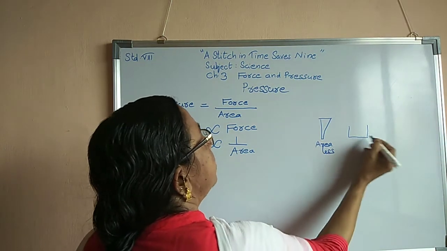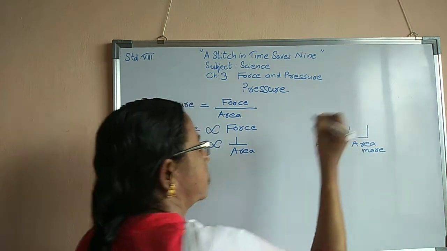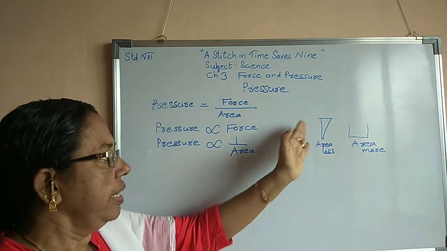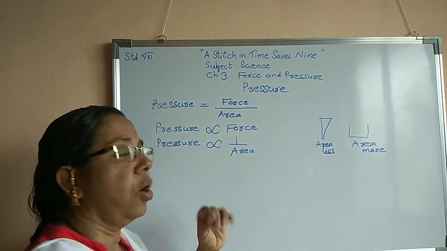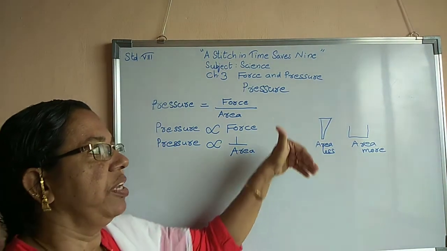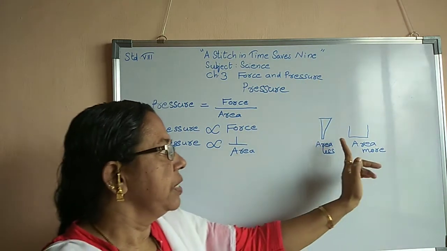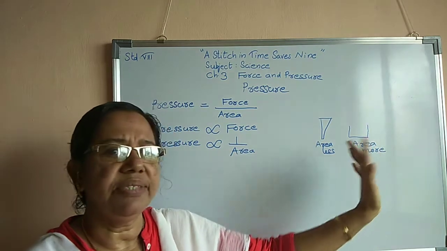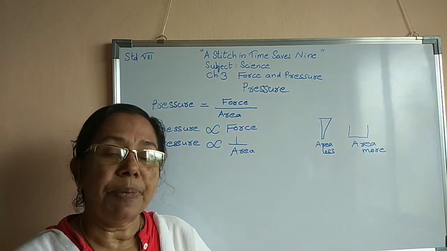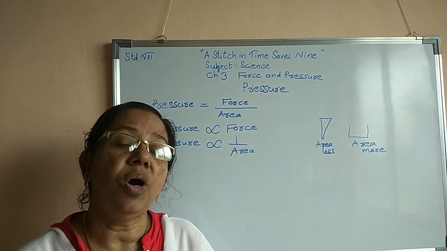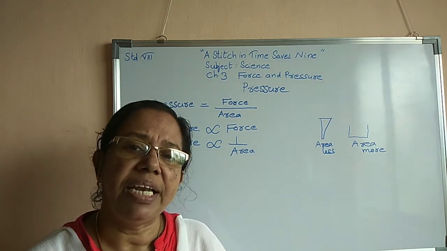At the same time, this heel has more area. As a result, here the pressure will be more. The pressure exerted on the heel of the person will be more, so the person's heel will get pain. Here, the area of the shoe is much bigger. As a result, the pressure exerted on the heel of the person will be less, and he won't get any pain on his heel.